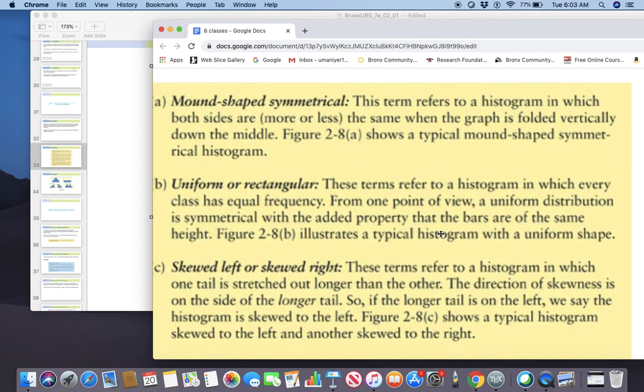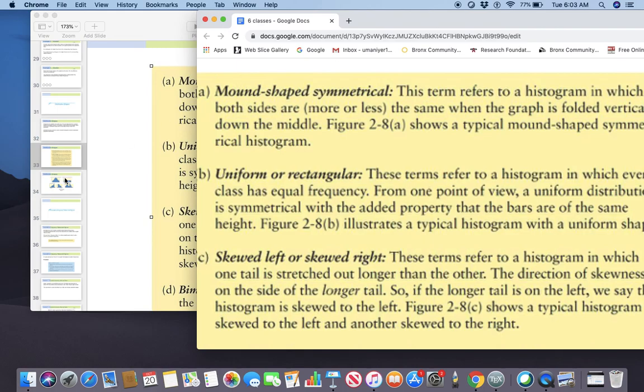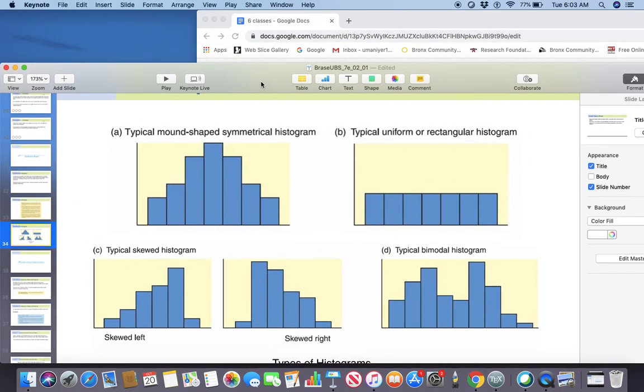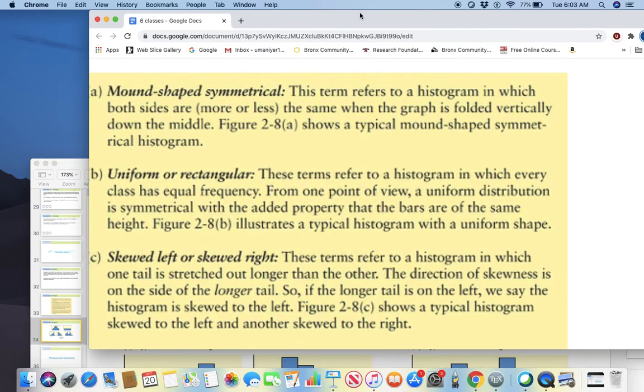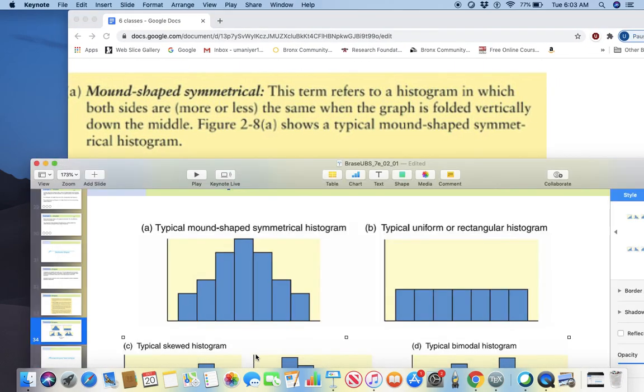With an example on the side. So that's mound shaped symmetrical. Here are the pictures. Okay, let's see. Mound shaped. This refers to a histogram in which both sides are more or less the same when the graph is folded vertically down in the middle.